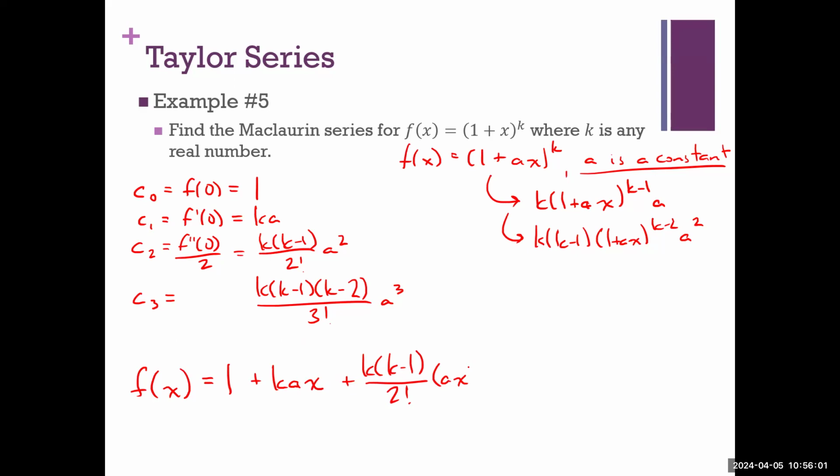What do you prefer, (ax) squared or a squared x squared? All right, sounds good. One more for good measure. K times k minus 1 times k minus 2 over 3 factorial times (ax) cubed, and on and on.